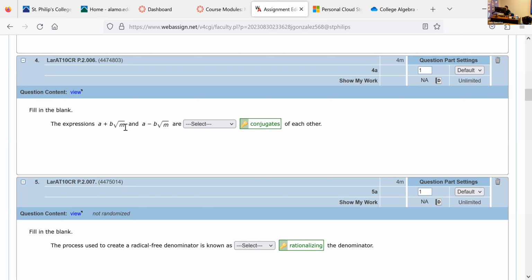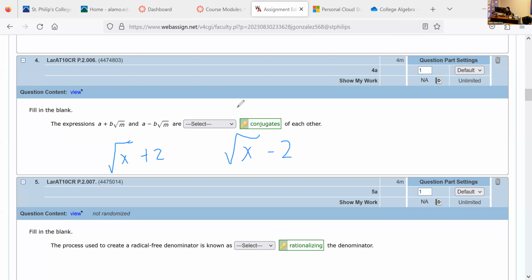This is something I did not mention. If you have a plus some kind of radical, the conjugate pair would be a minus that same thing. So for example, let's say you had square root x plus 2. Square root's separate, it just ends right there. The conjugate pair would be just the same thing, minus 2.